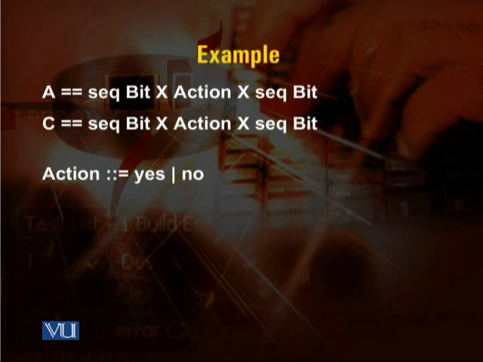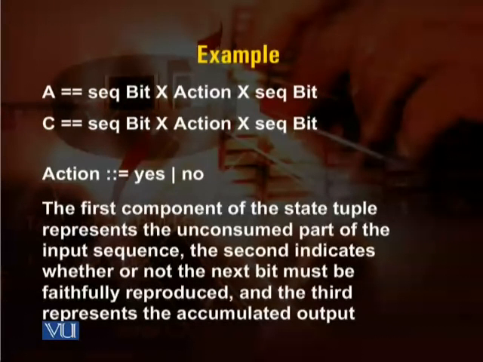So both A and C, they are tuples, and they have three components. The first component represents the unconsumed part of the input sequence. The second indicates whether or not the next bit must be faithfully reproduced. And the third represents the accumulated output.